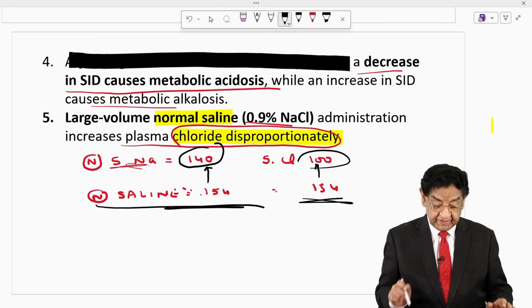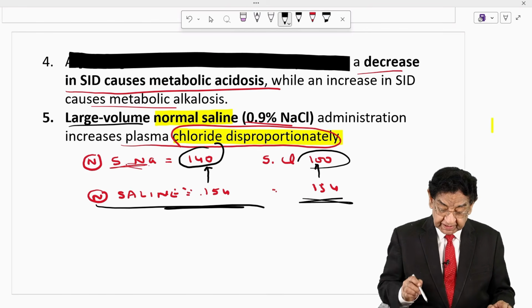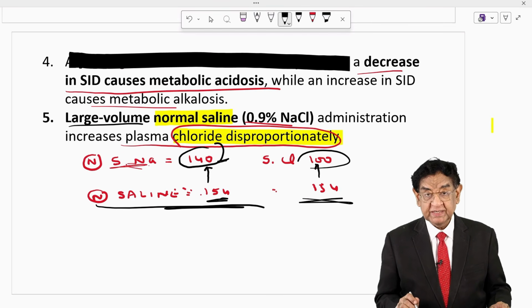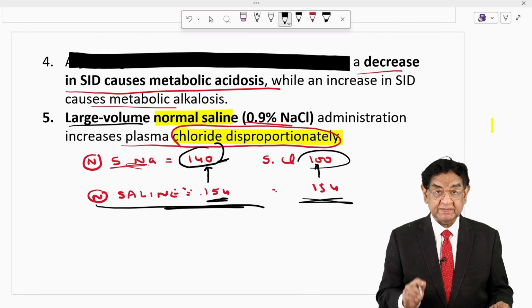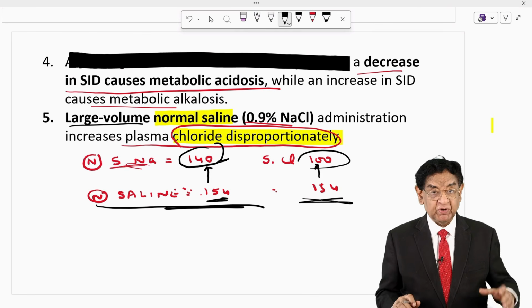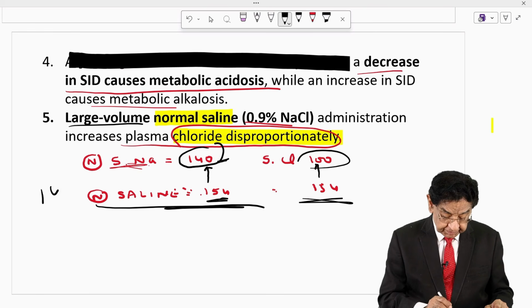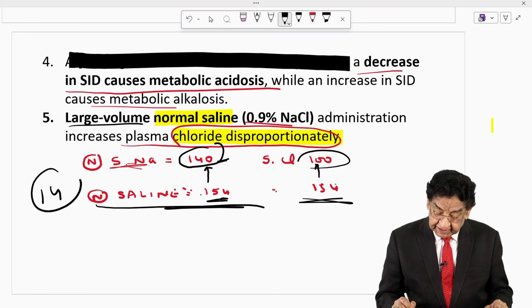So when we give large volume saline, sodium will rise, but not much because the difference is only 14. But here there is a difference of 54.